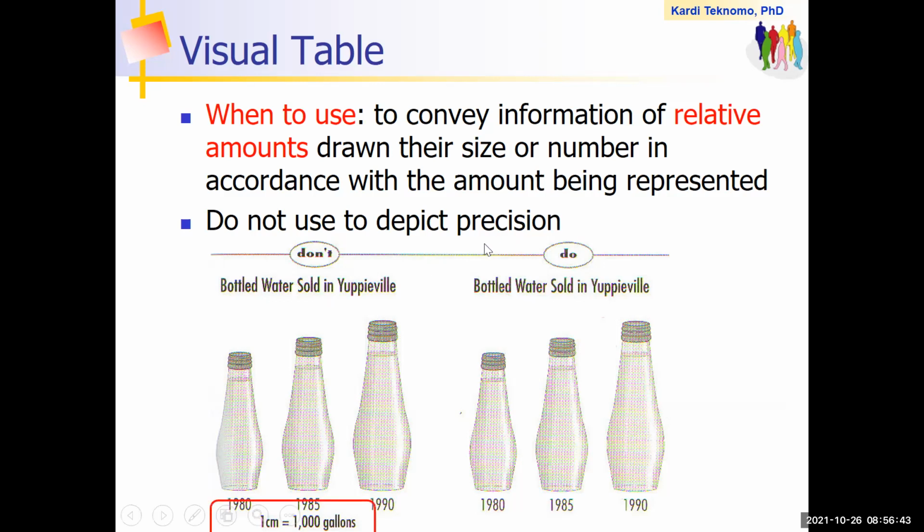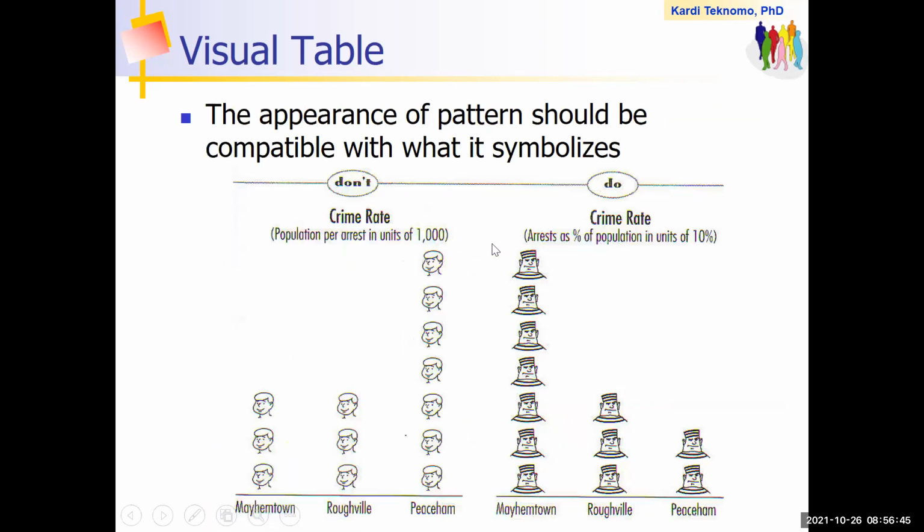Now if you create the visual table, the appearance of the pattern should be compatible with what it symbolizes. So if you talk about crime rate here, don't draw a child. Of course, if you talk about crime rate, draw a picture of a criminal, right?